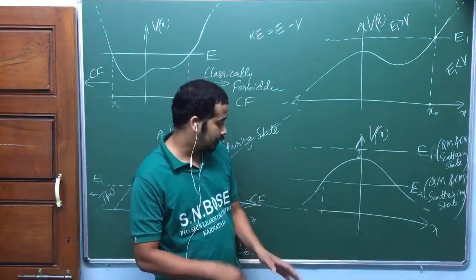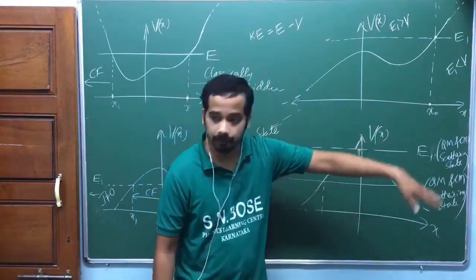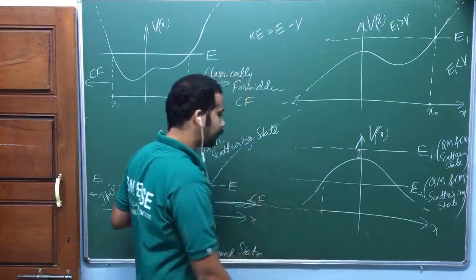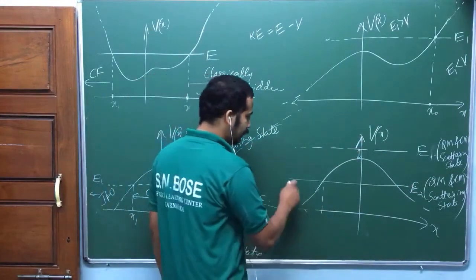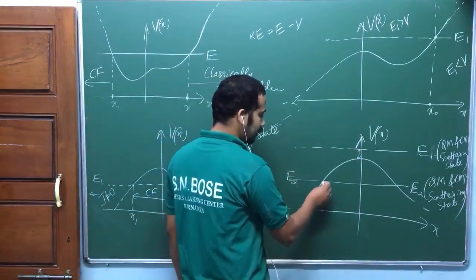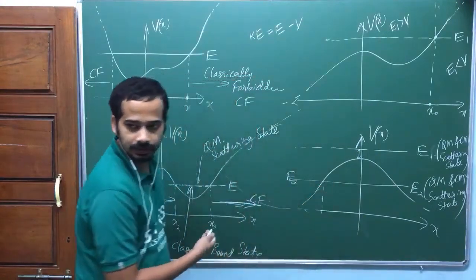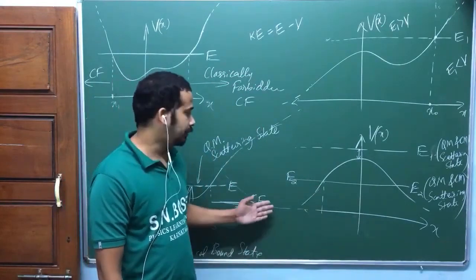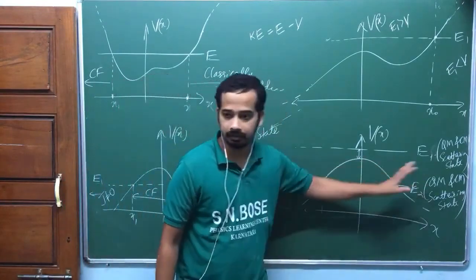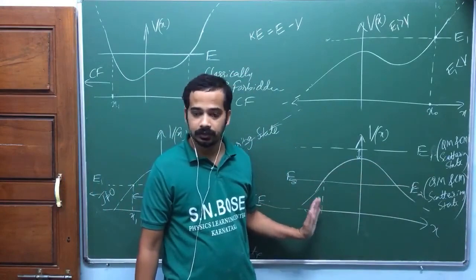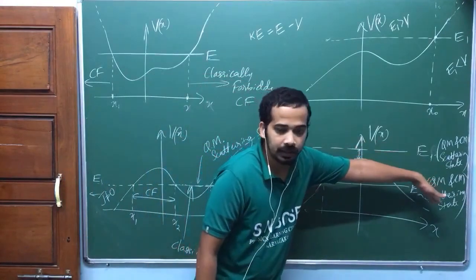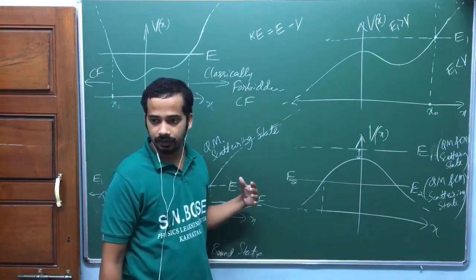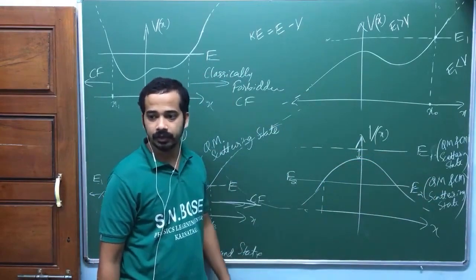But what is happening apart from the classical things? If you shoot the particle from this side with this energy E2, classically it should have gone back, 100% reflection. But quantum mechanically, tunneling can happen. Quantum mechanical tunneling: some particles may tunnel and go to this region. Not 100% reflection, less than 100% reflection.